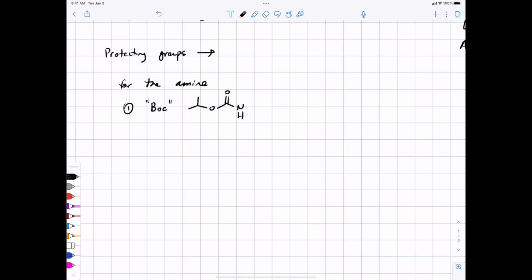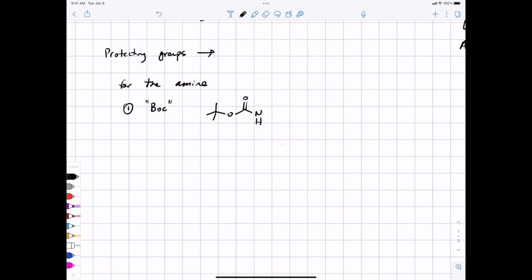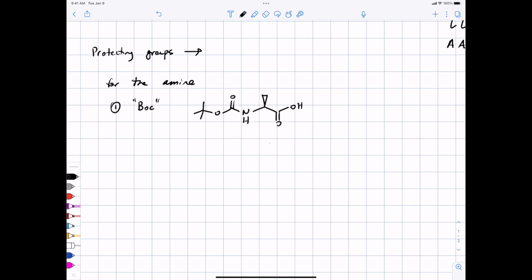Remember, what makes a good protecting group good is that it stops whatever functional group you're interested in from being a problem, but it has to be easy to put on and easy to get off. So what I'm showing you here is Boc-protected alanine. This group is called Boc.